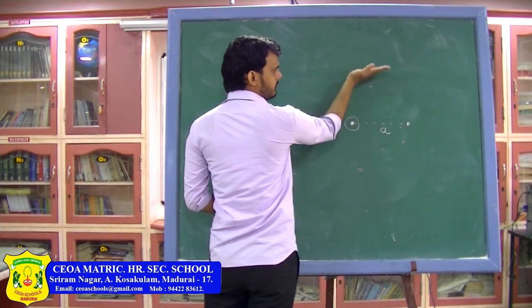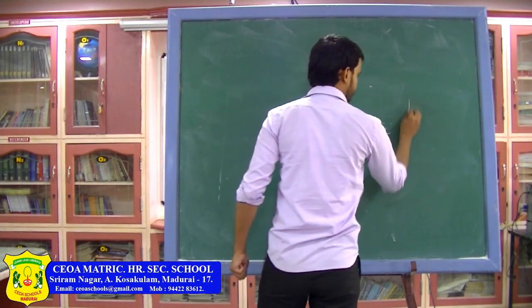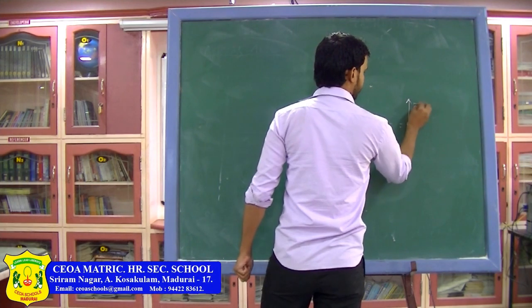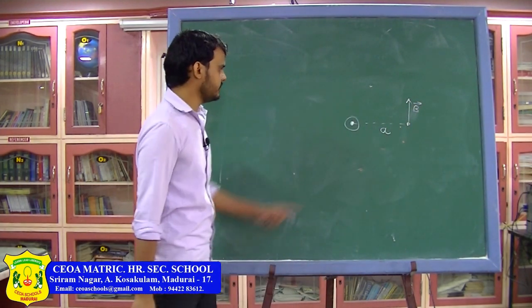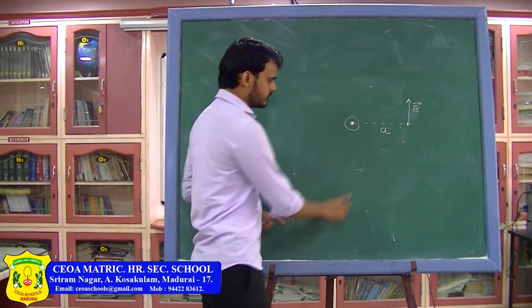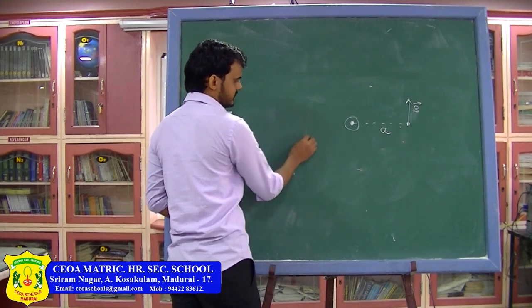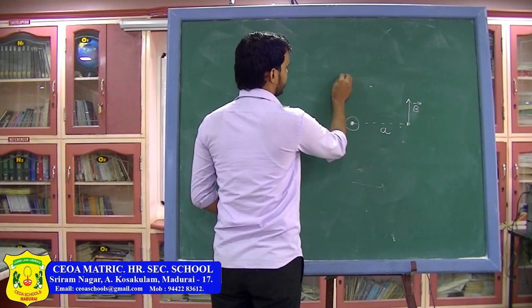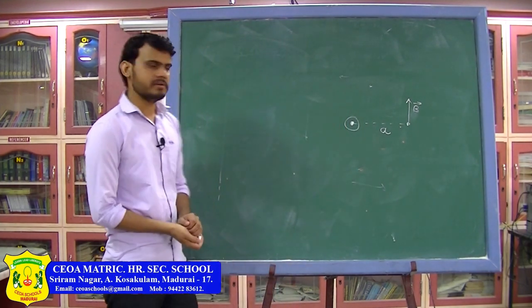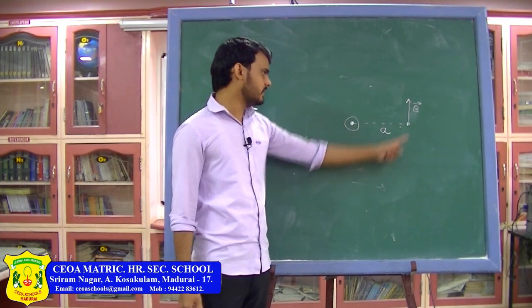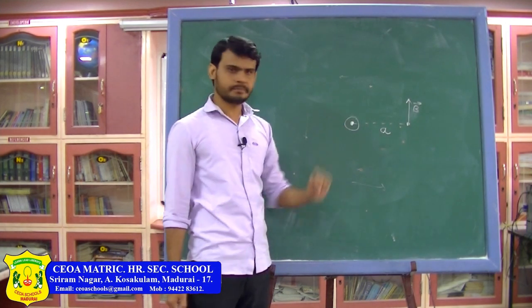So, here the direction of the magnetic field will be upward. This is the direction of B. Similarly, at a point here the magnetic field will be in this direction, here in the downward direction, and here in this direction. Remember the direction of the magnetic field lines due to a current carrying wire.